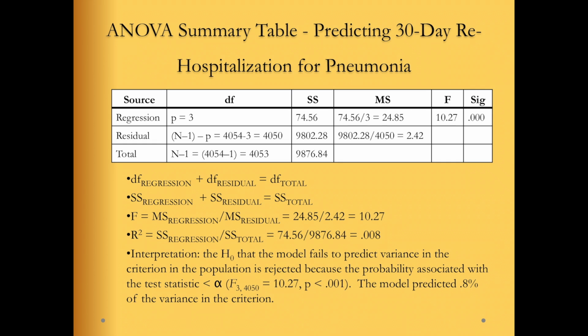Please note that there is no reference in this interpretation to the direction, as big R only captures positive values, and consequently there's no directionality to how the model predicts variance in the criterion.